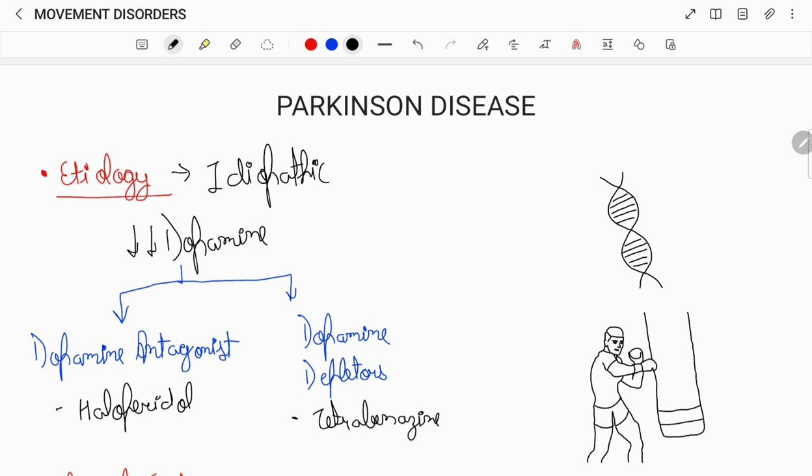Some other causes for reduced dopamine levels, or say Parkinson's disease, may be genetic, or it may be caused by some trauma, and the most common cause is boxing. So this was all about the etiology of Parkinson's disease.